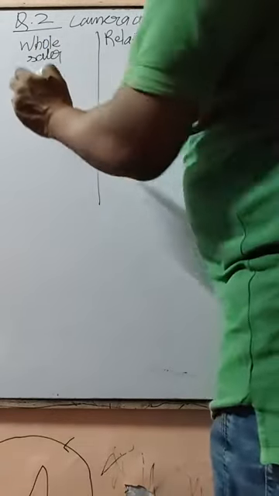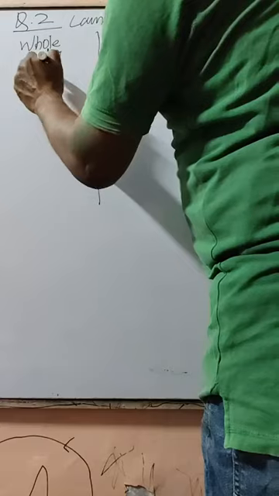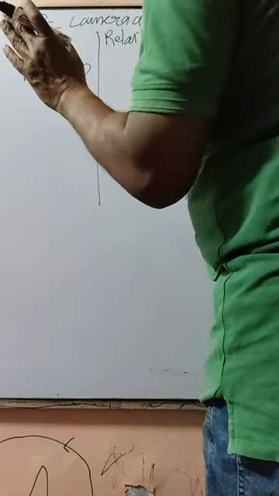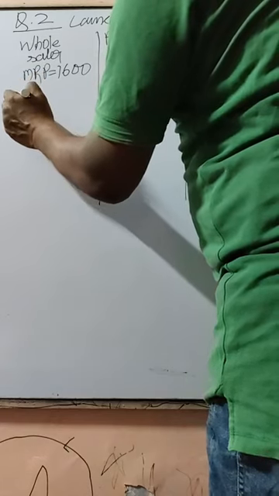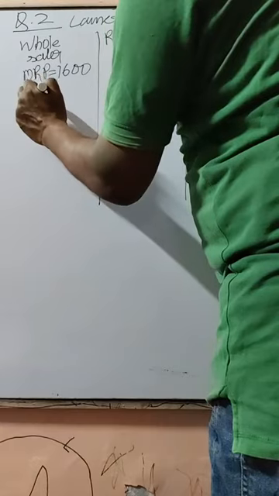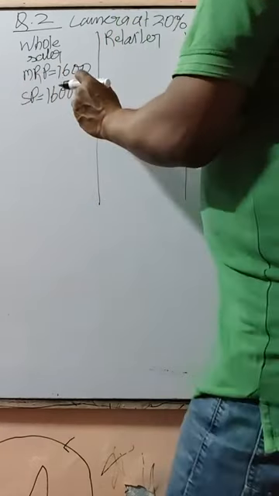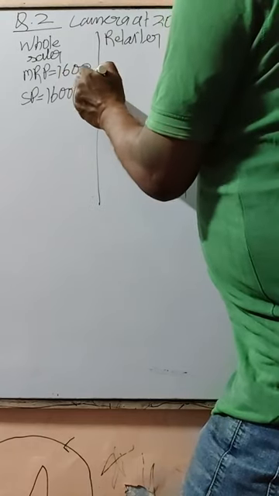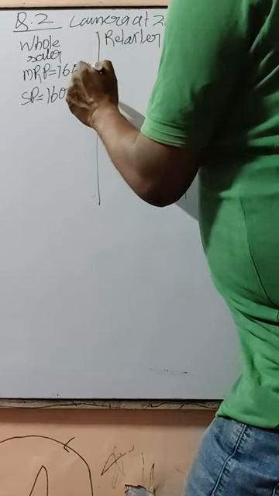1600. MRP is equal to 1600. The shopkeeper sells it to the consumer and एक मिनट. So SP is equal to 1600 bracket 1 minus 20 upon 100, right?